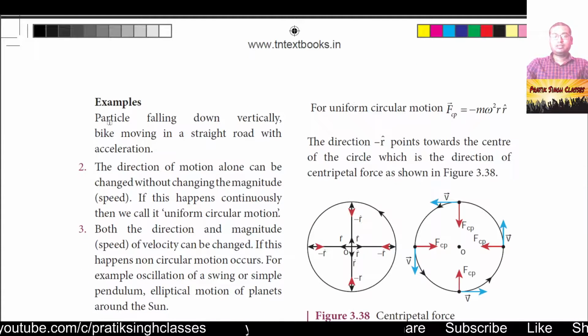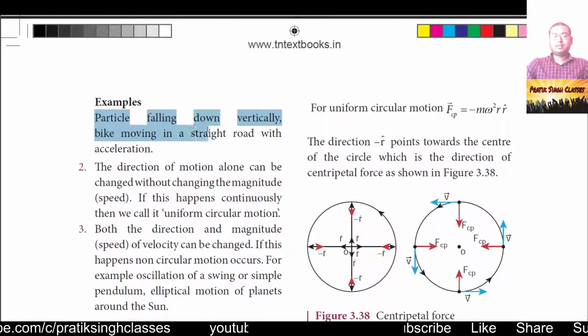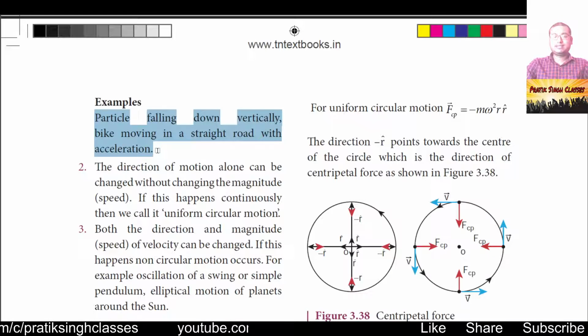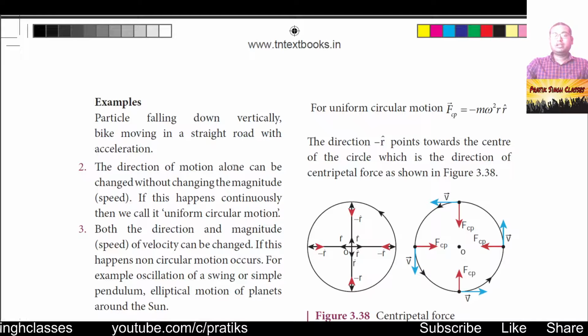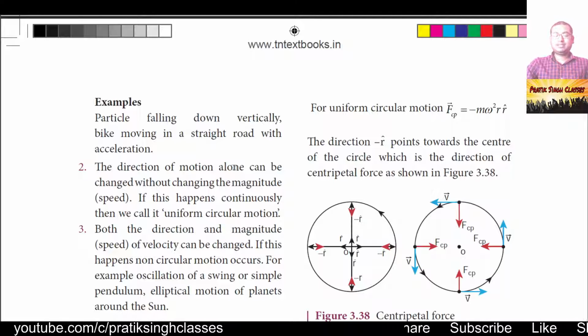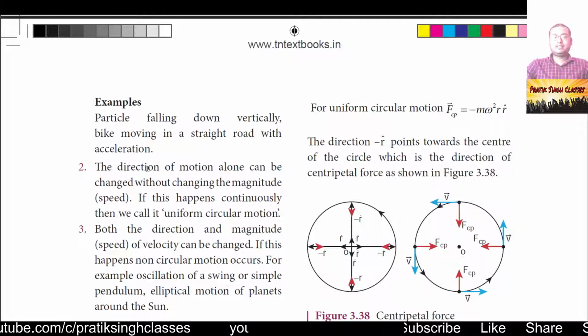For example, a particle falling down vertically, or a bike moving on a straight road with acceleration. Whenever a particle falls vertically downward, because of acceleration due to gravity, its velocity keeps on increasing. Even though acceleration remains constant, velocity keeps on increasing.